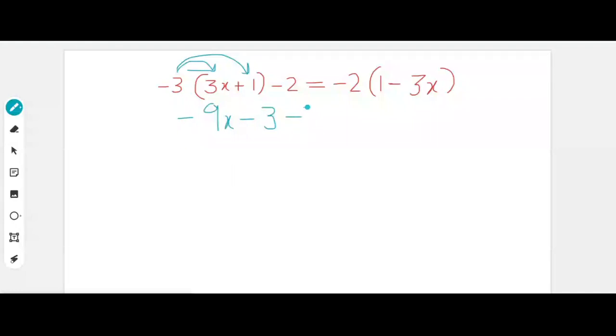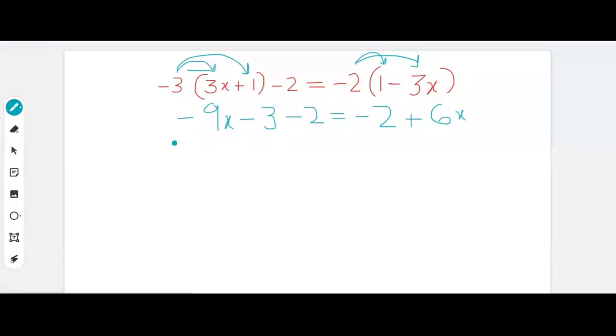So outside the bracket is negative 2. On the right hand side, minus 2 will multiply with 1, so it will be minus 2. Minus 2 will multiply with negative 3x, it will be minus times minus is plus, and 2 times 3 is 6x.